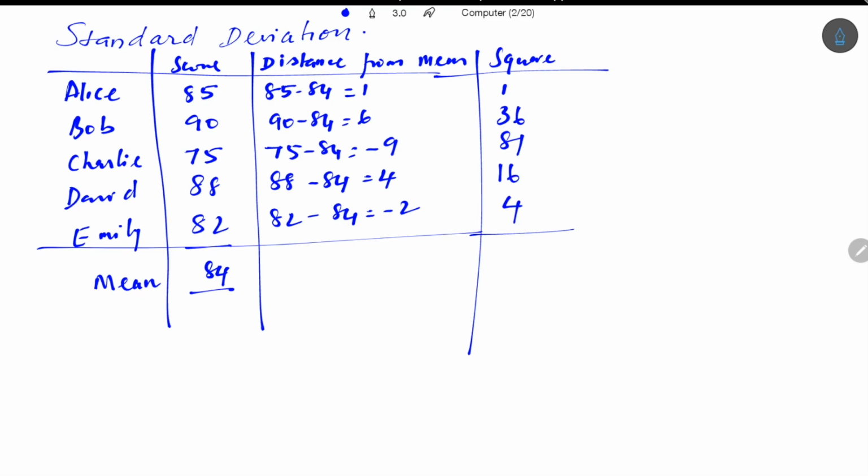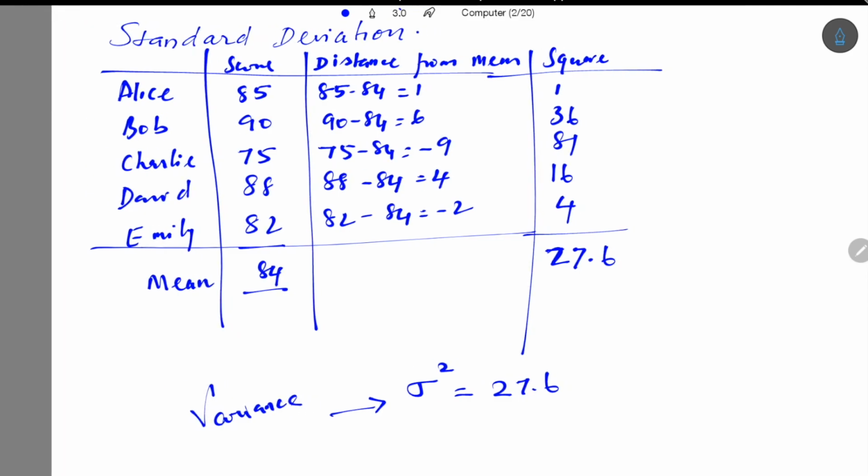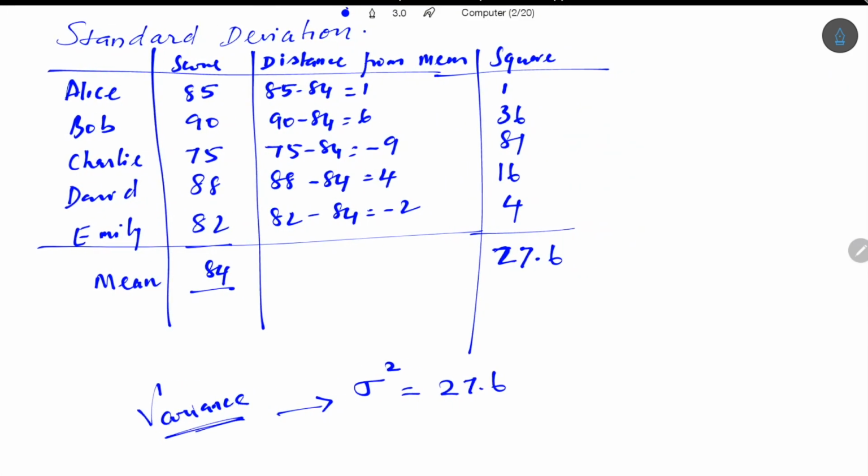Okay, now the average of these comes to 27.6. That is sigma squared equals 27.6. This sigma squared is called the variance.